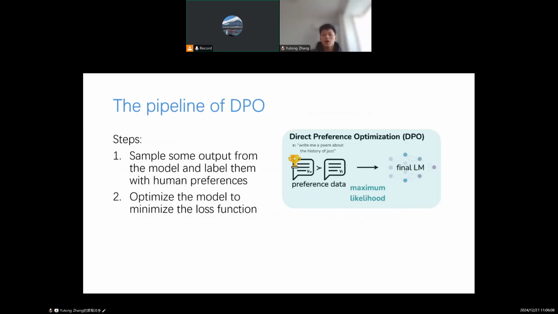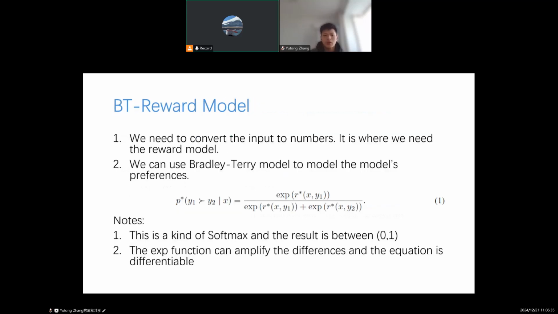The pipeline of direct preference optimization is very simple. First, we sample some outputs from the model and label them with human preferences. And then we use the algorithm itself to optimize the model to minimize the loss function. We can compare it with the former RLHF training process, and we can see from this diagram that it is very simple to use. Now I'm going to introduce you to the BT reward model, which is the Bradley-Terry model.